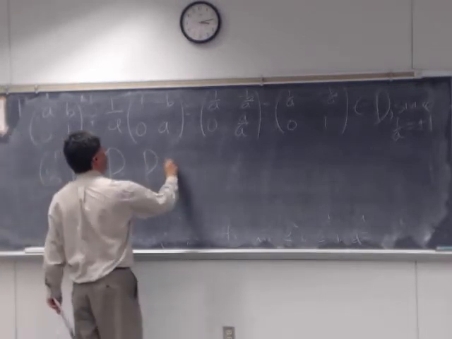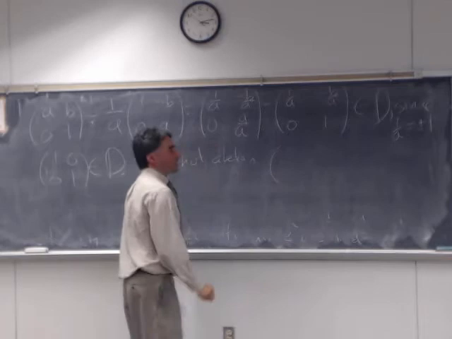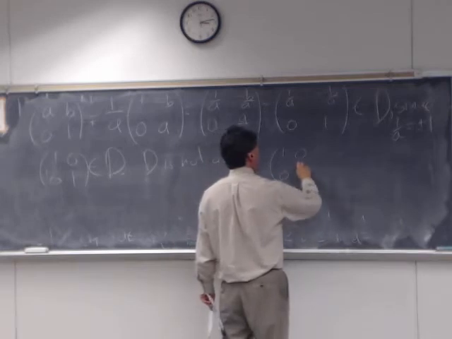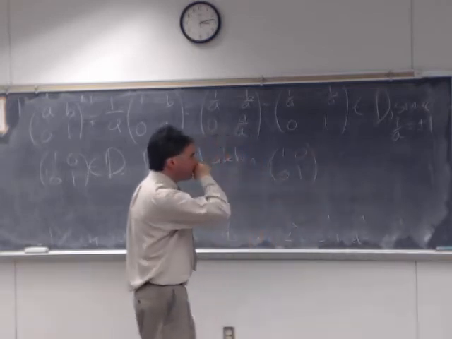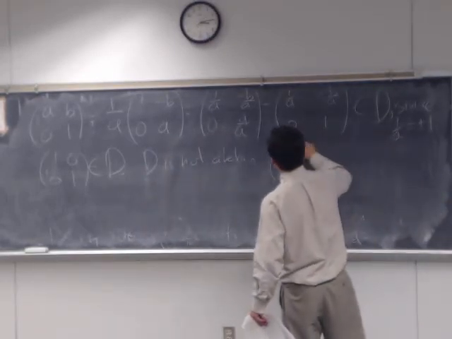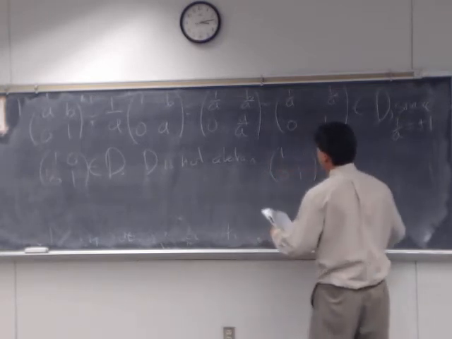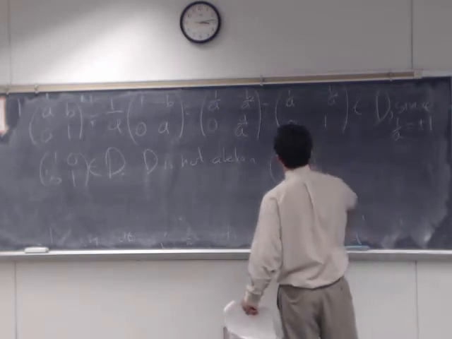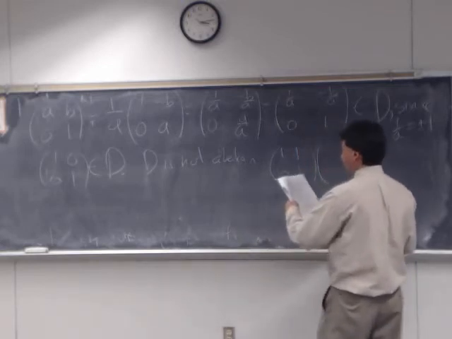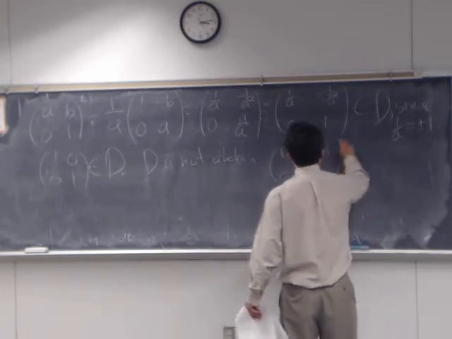But D is not abelian. We can check that in a whole bunch of ways. Maybe 1, 0, 0, 1 is the identity, so that will not work. So I think if we put maybe a 1 here, and probably I should just stick with the example I did in class, maybe a negative 1, 0, 0, 1.